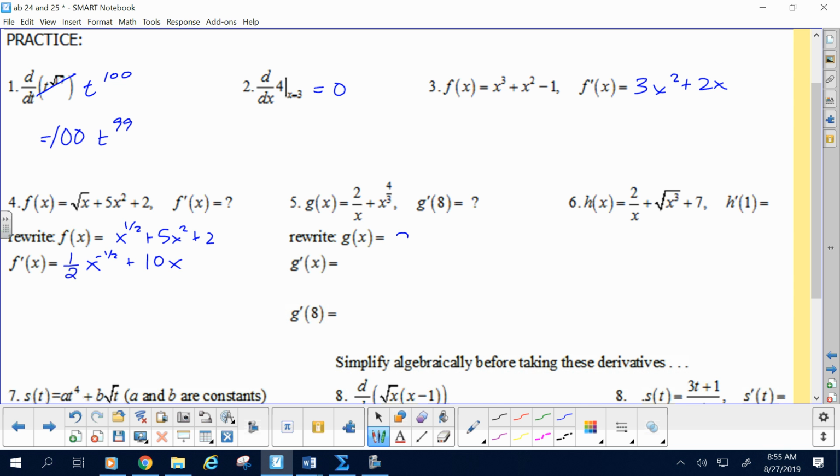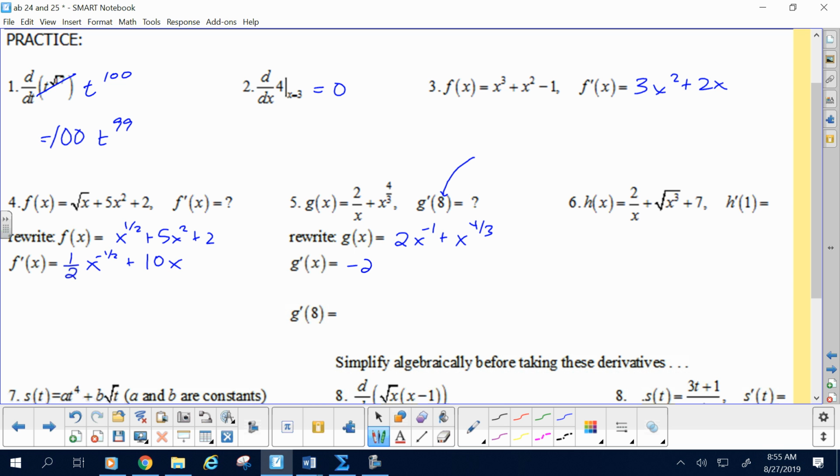If I rewrote it, I would write it as 2x to the negative first plus x to the 4/3. So when you go to evaluate, you can see that they're not just saying find the derivative, but they're saying find the derivative at 8. That's 2 steps. I require that you write the derivative first, then put in 8. So notation-wise, you need to show that. What is the derivative of 2x to the negative first, Martin?